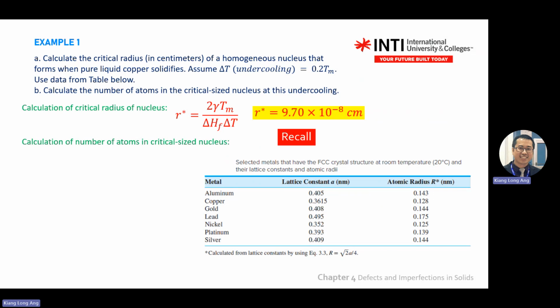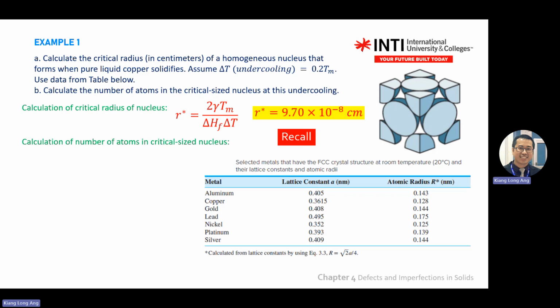Okay. So in the previous chapter we learned about the relationship between A and R. Here copper A is 0.36, and the radius R is 0.128. For FCC, R equal to square root 2A divided by 4. If you forget, go back to chapter 2.